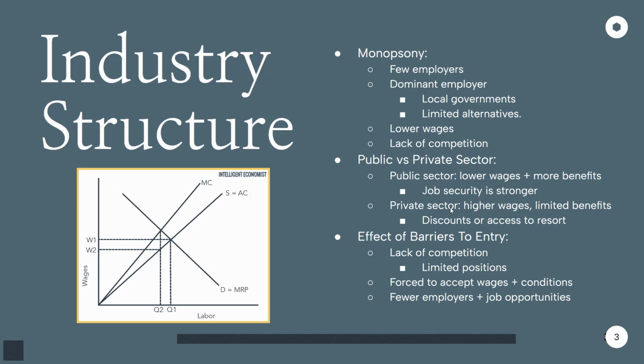On the contrary, in the private sector, they're more likely to earn higher wages, especially in high-demand areas like luxury resorts. But the benefits are usually limited or non-existent. When there are benefits, they usually vary from discounts to access to the resort.